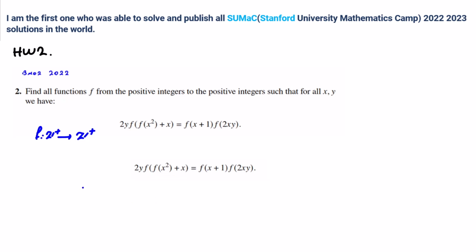So for example, if you change y to z, then 2z f of x squared plus x is equal to f of x plus 1 times f of 2xz, right?